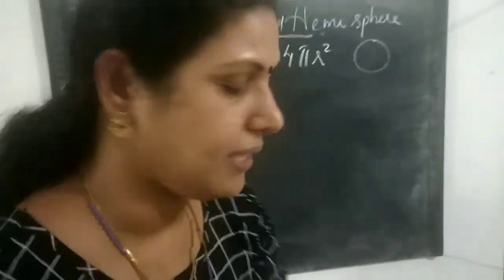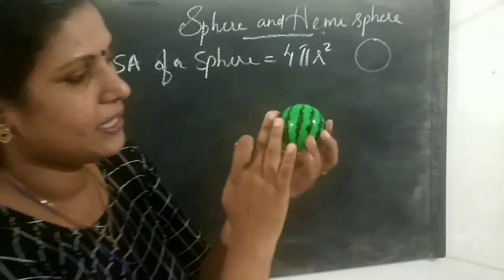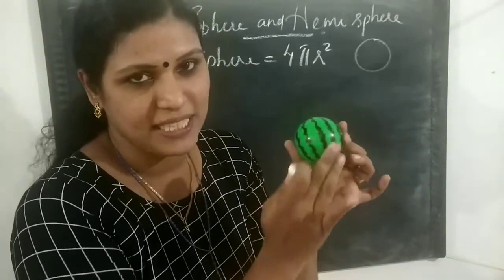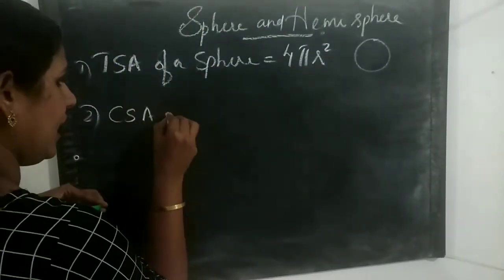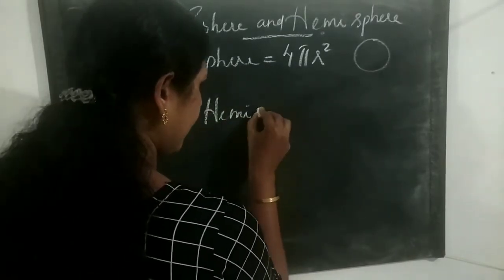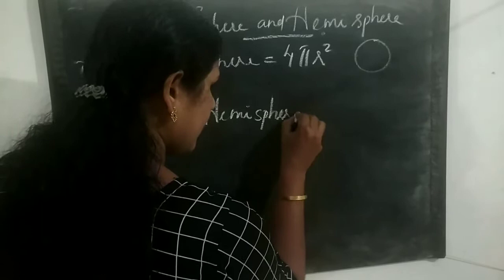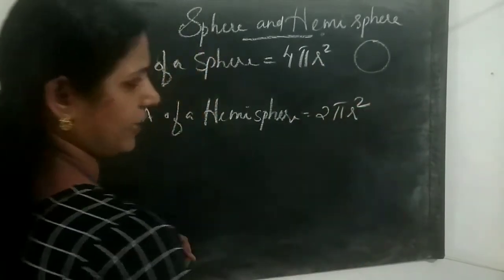So consider this the curved surface area, CSA of a hemisphere. Half of 4 pi r square, that is 2 pi r square.